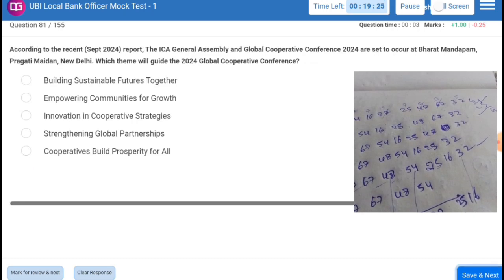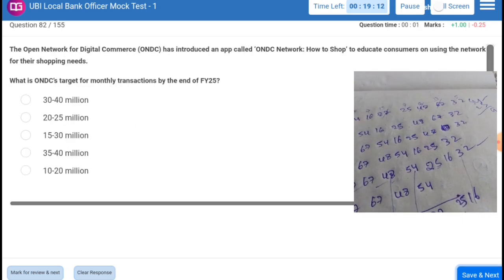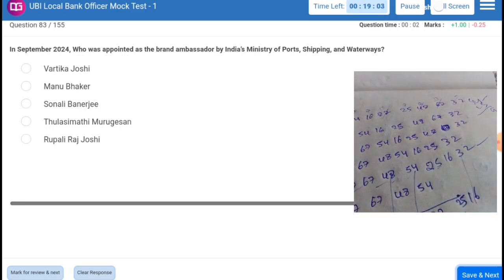According to the recent report, prosperity... September brand ambassador of... Manu Bhaker.